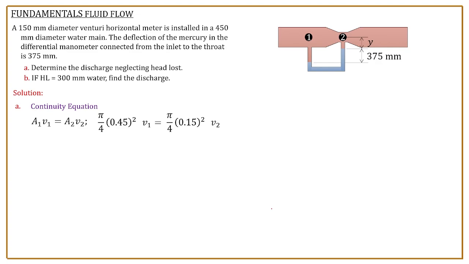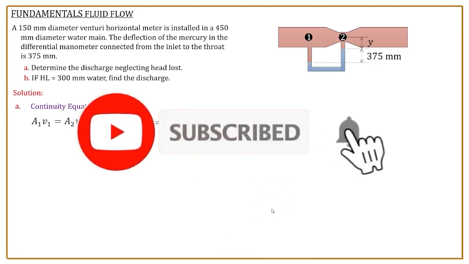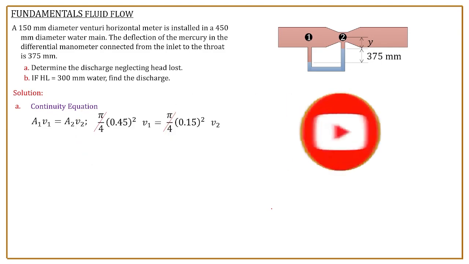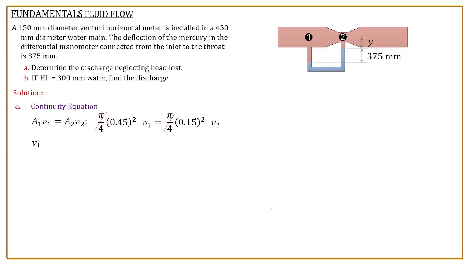We can cancel pi over 4. Ang matitira sa atin is V1 equals V2 over 9. So, sinolve natin yung V1 in terms of V2.